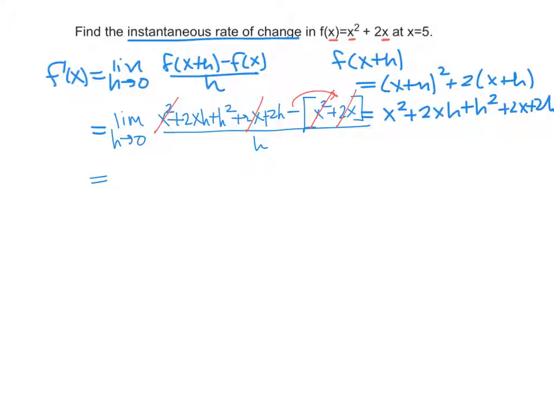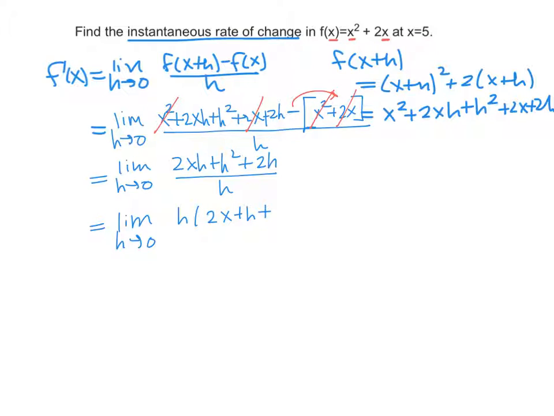So we are left with limit of h goes to 0, 2xh plus h squared plus 2h all over h. Again, we will be able to factor out the h on the numerator. So 2x plus h plus 2 all over h. So h's will cancel out. And once you plug in 0 for h, we are left with 2x plus 2. So derivative of f of x is equal to 2x plus 2.